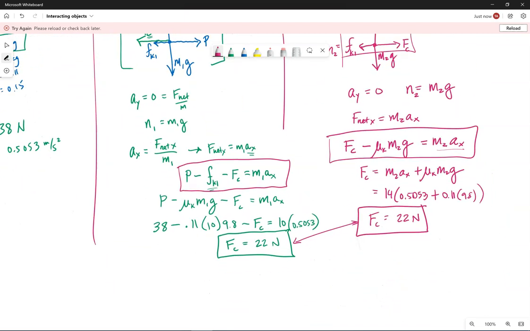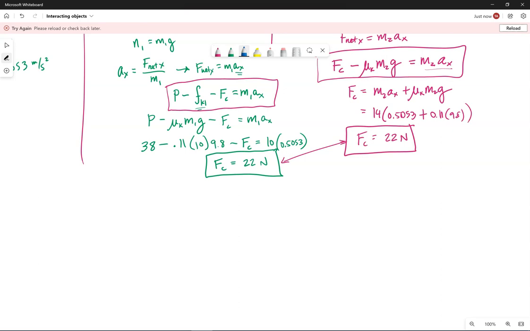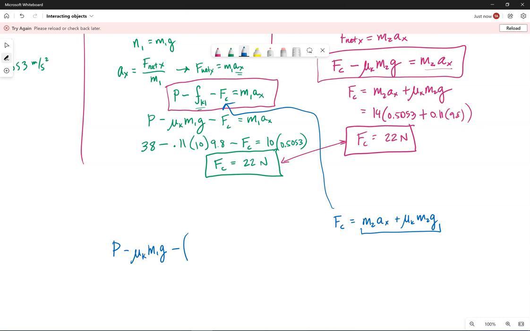Now, a totally interesting thing. If I solve for force contact on this right side, which I already did, and I take this and plug it in for force contact in the equation describing box 1, you're probably wondering why I'm doing extra work.